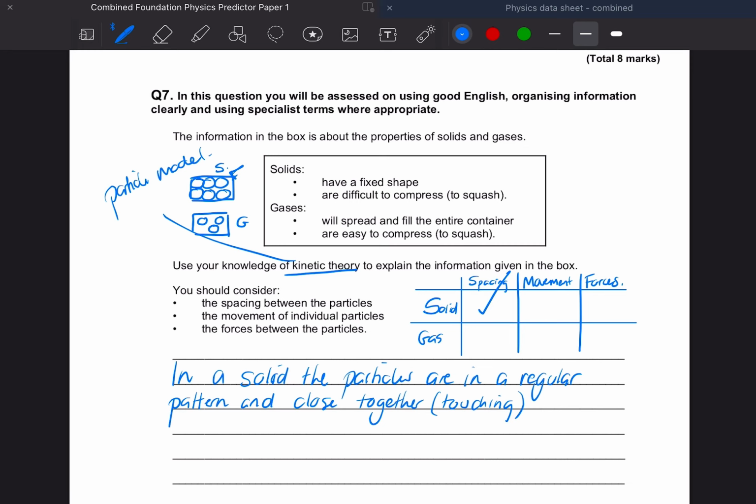Now, I need to link that to one of these properties. Is that to do with the fixed shape or why they're difficult to compress? Well, it's actually to do with both, isn't it? So in a solid, the particles are in a regular pattern and are close together.